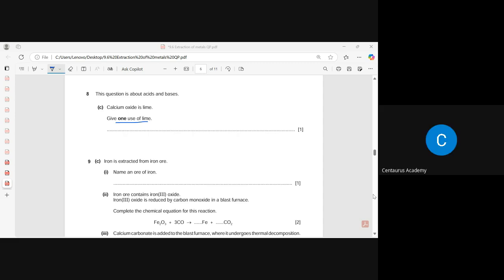If supposedly the soil is acidic, its pH is more likely to be below 7, and you sprinkle some quick lime on it, which is powdered calcium oxide. Calcium oxide is a metal oxide, so it is basic in nature. So what is it going to do? It is going to react with the hydrogen ions within the soil, and as a result it is going to neutralize that soil.